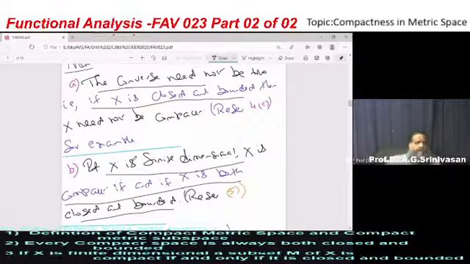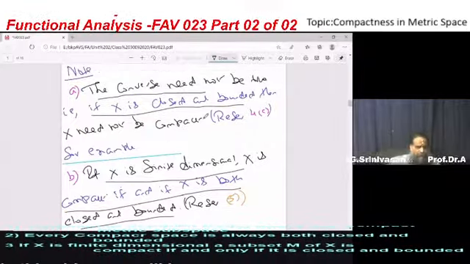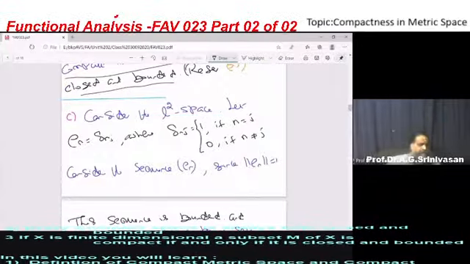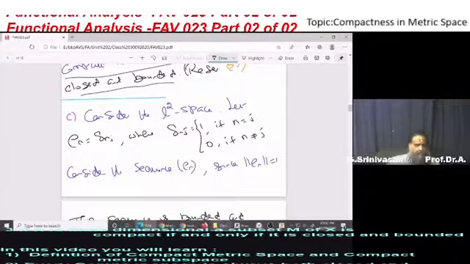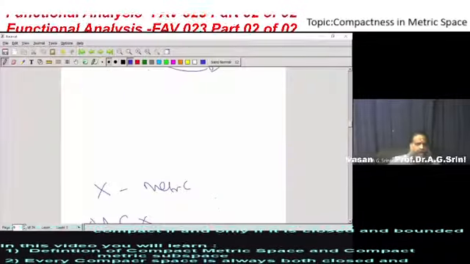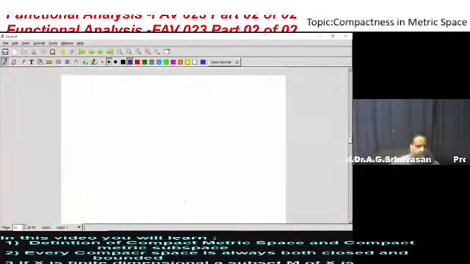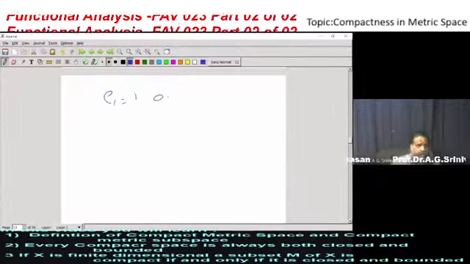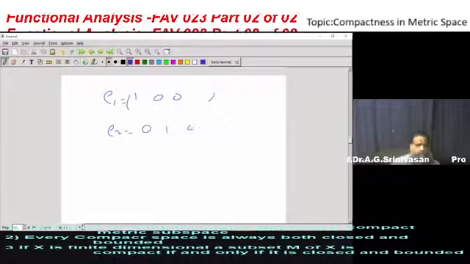Now, the example I'm going to show you in one minute: if it is closed and bounded, it is not compact. It's very obvious. I will now take the L2 space and take e_n = δ_nj, where δ_nj = 1 if n = j and 0 otherwise. If you don't remember, let us recall what is e_1. My e_1 is going to be (1, 0, 0, ...), e_2 is going to be (0, 1, 0, ...), like that.